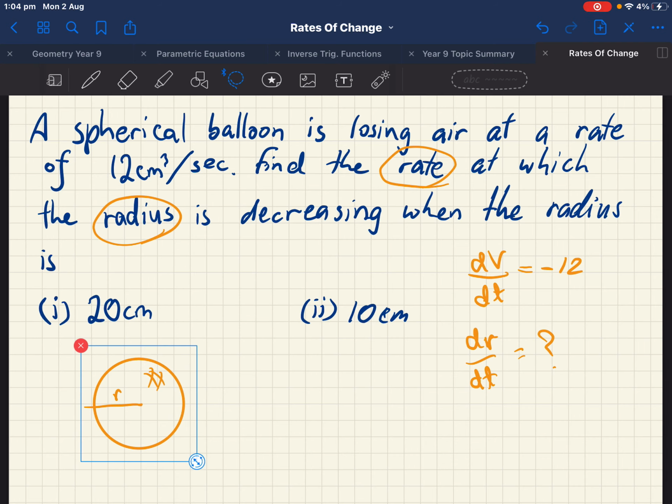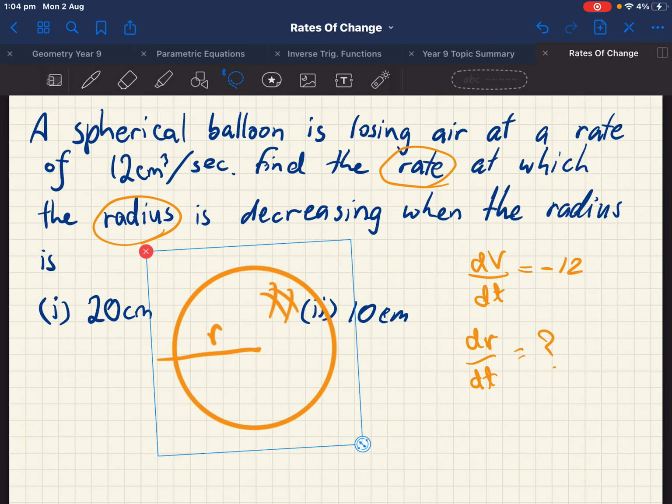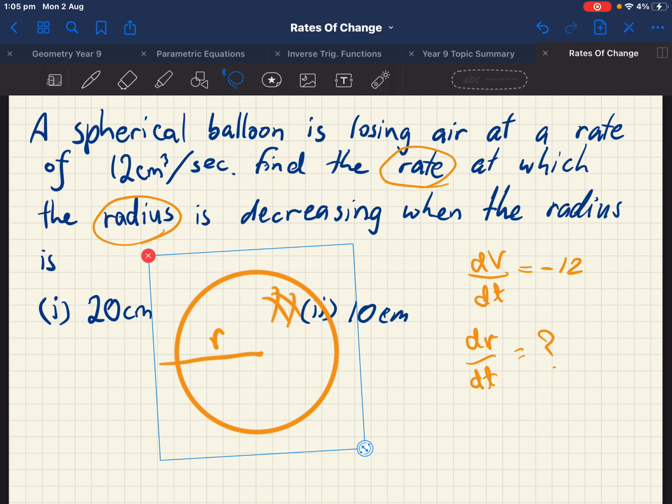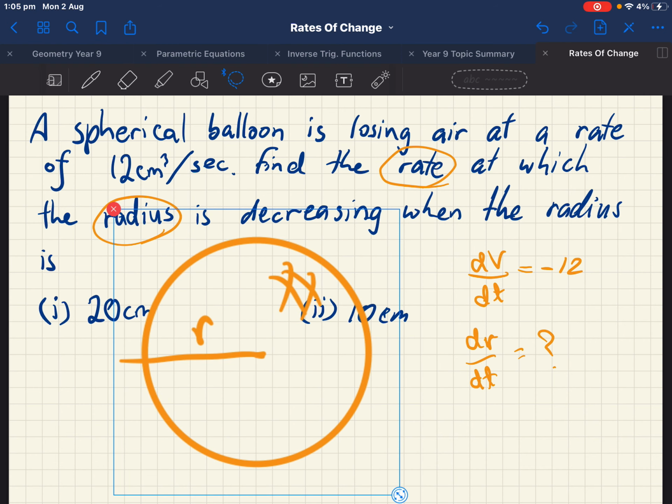The balloon was here, full of air, and whether it's popped or there's a hole in it or someone's untied it, the air is dropping out at 12 cubic centimeters per second. So the overall volume is dropping 12 cubic centimeters per second.